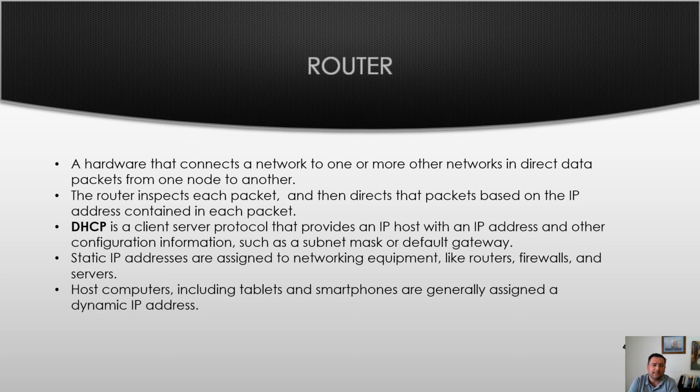So what this means is that each packet actually includes an IP address for the destination computer. And DHCP is a client-server protocol that provides an IP host with an IP address and other configuration information, such as a subnet mask or a default gateway.